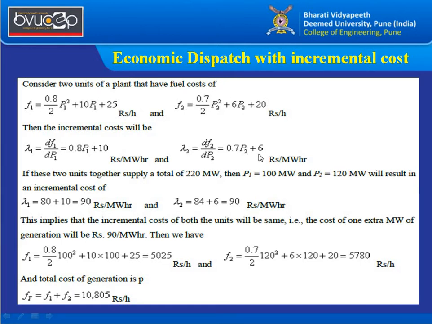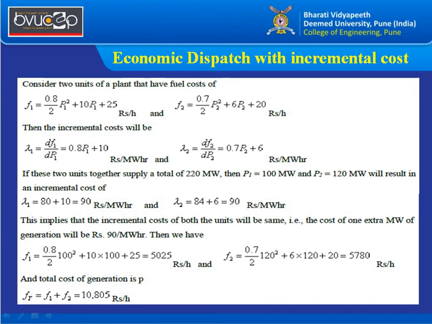So it is 0.7 p2 plus 6 rupees per megawatt hour. Now let us consider a case where the two units together supply a total of 220 megawatt, with P1 at 100 megawatt and P2 at 120 megawatt, which will result in an incremental cost of.